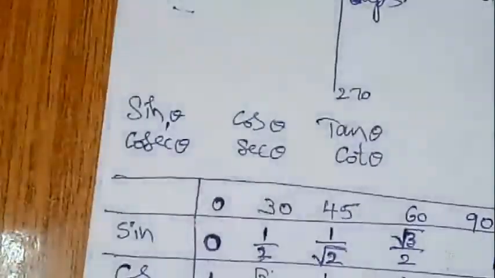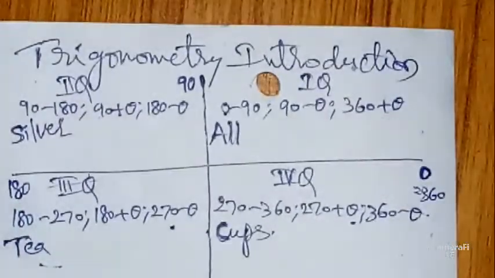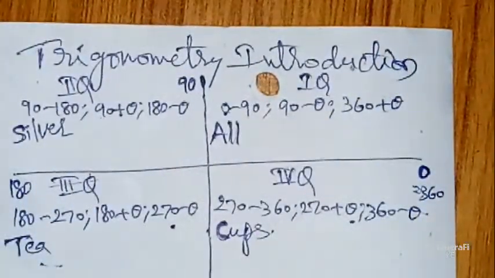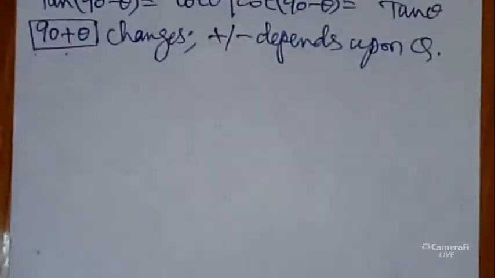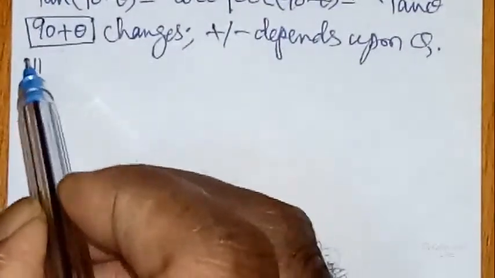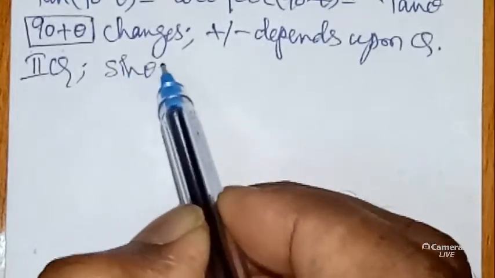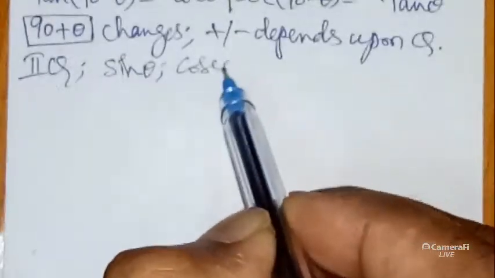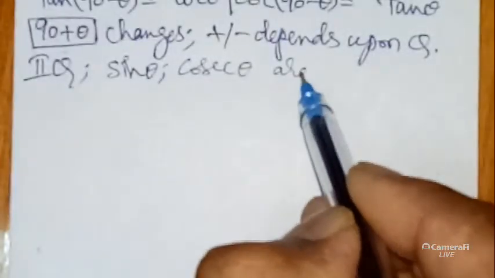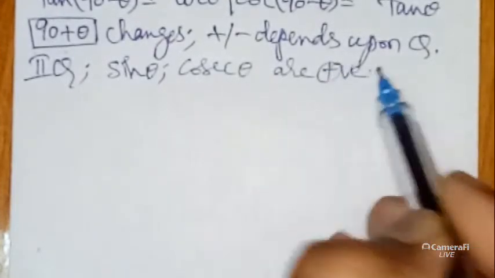And 90 plus theta means, one second, you can see here, second quadrant. In second quadrant sin and cosecant are positive. So I wanted to tell you that one. It is in second quadrant. In second quadrant sin theta and its reciprocal cosecant theta are positive. What next? Changes.